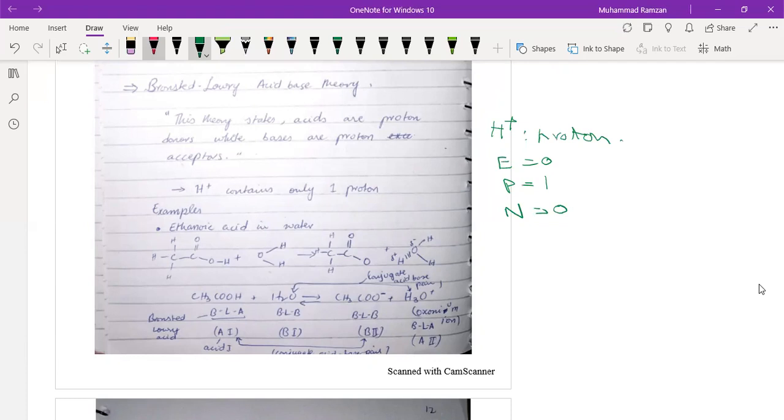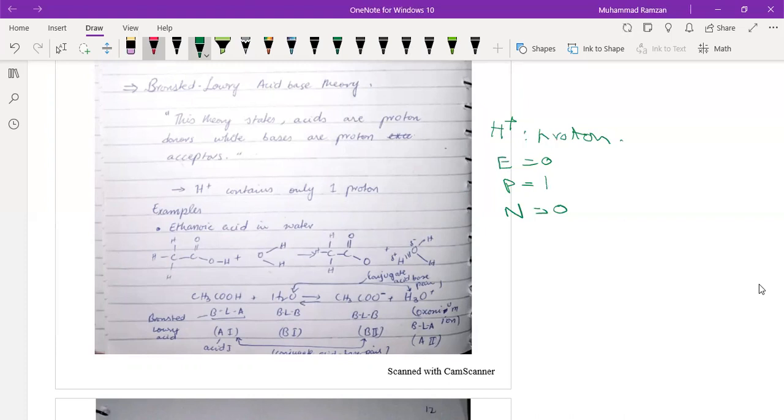It means H plus consists of only 1 proton. That's why you can say H plus is proton. So in terms of proton, this theory states acids are proton donors, means H plus, while bases are proton acceptors. H plus contains only 1 proton.